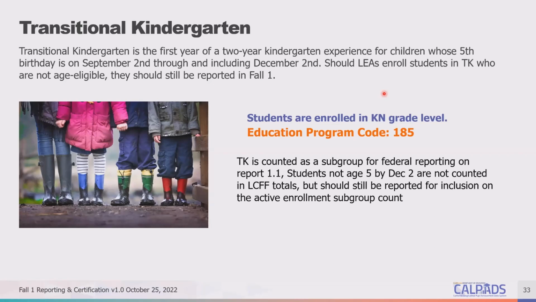However, since their birthday doesn't make the cutoff, from September 2nd up to December 2nd, then you put them in the TK program. Any student whose birthday is between these dates is essentially considered TK. So they are still a KN grade level. However, the only way to differentiate them from your regular kindergarten is by submitting a program 185 record.